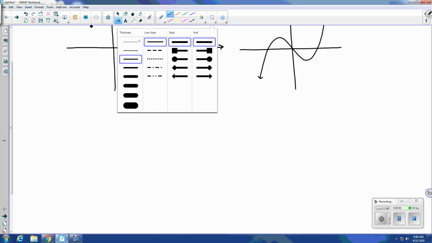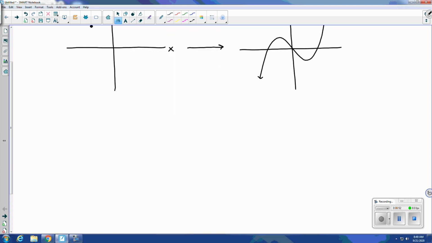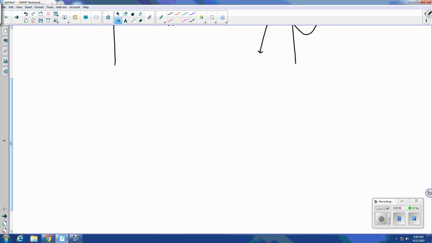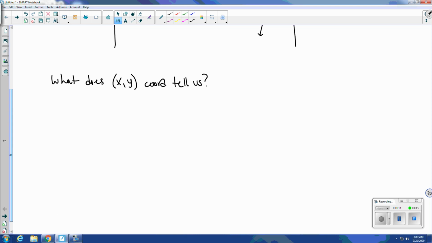But before we jump into each transformation type, we're going to take a look at what the xy coordinate reveals to us. What information is embedded in those two numbers? So what does the xy coordinate tell us? Well, the first viewpoint you can take is that it gives you a location on the xy plane.